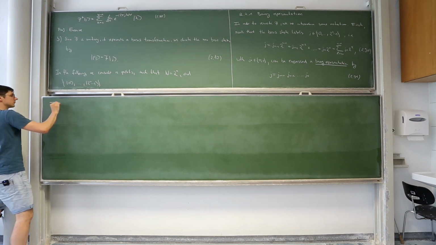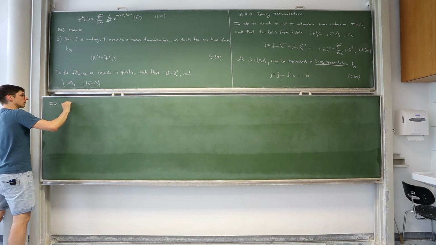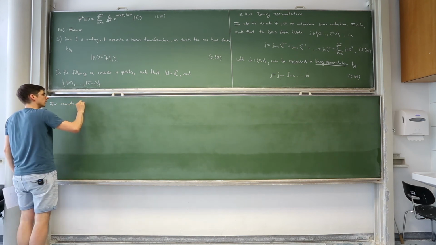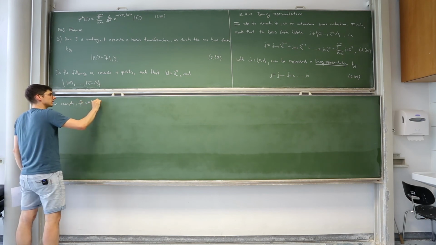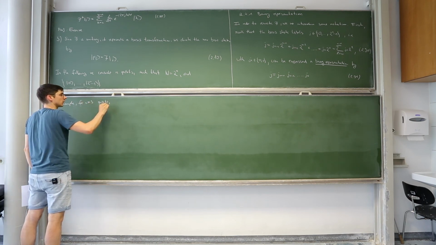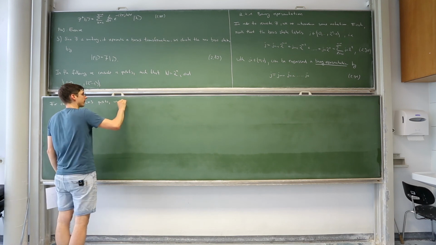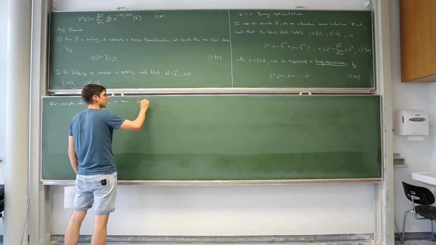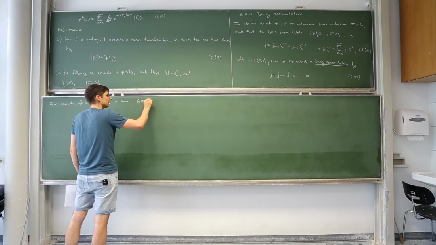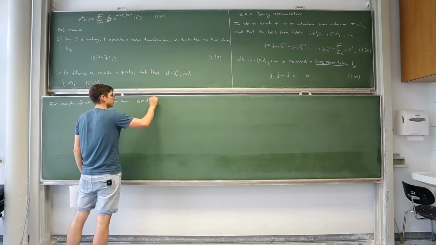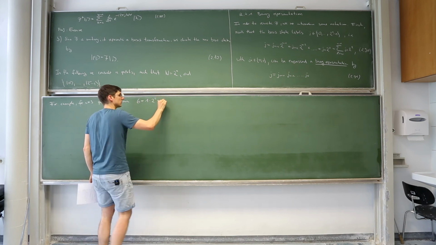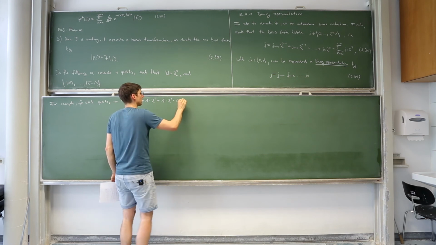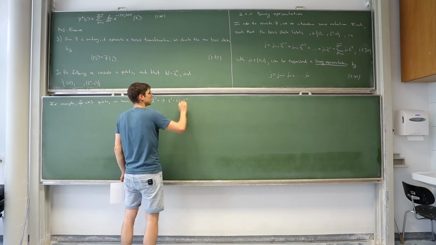So for example, for n equals 3 qubits, we have that 6 is equal to 1 times 2 to the power of 2 plus 1 times 2 to the power of 1 plus 0 times 2 to the power of 0.